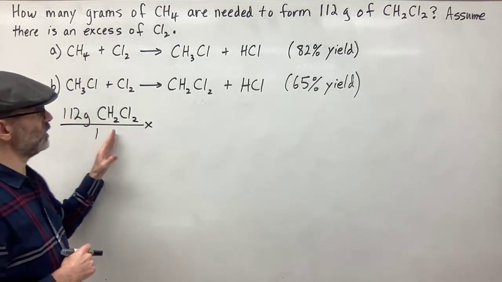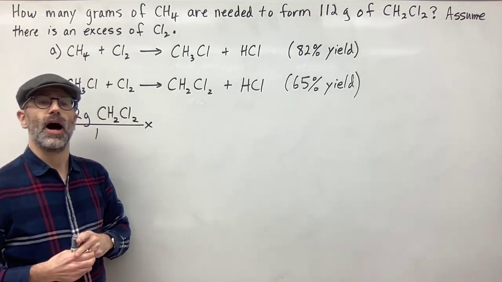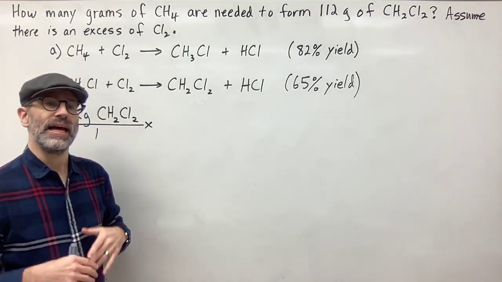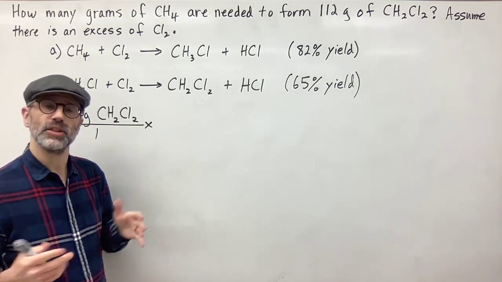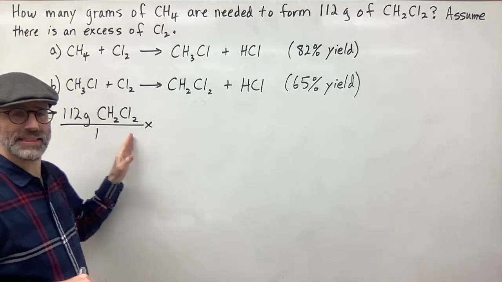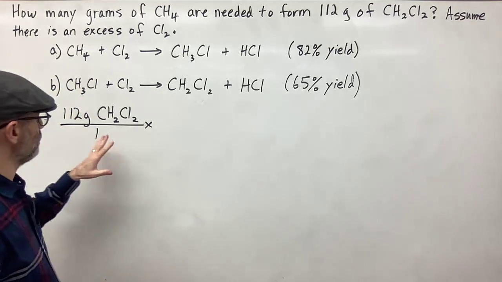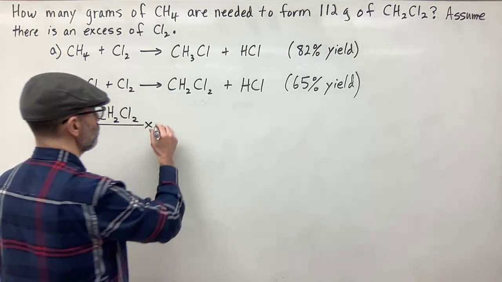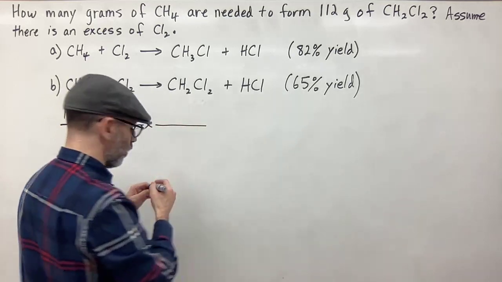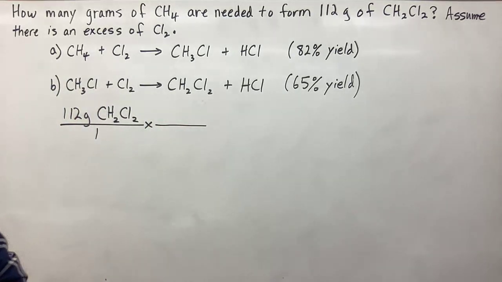So if we're going from one substance to another substance, you've got to use the mole ratio. And the only way you can use mole ratio is if you have moles, of course. So the first thing we need to do is get this to moles. So the first step is to use the molar mass of our CH2Cl2. And we've got to look that up or add that together.